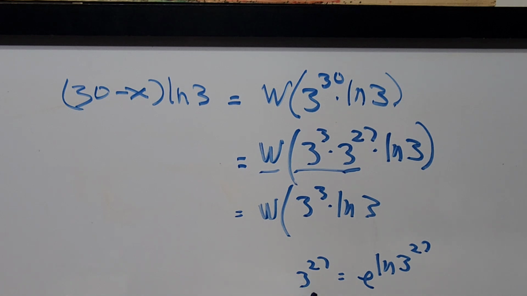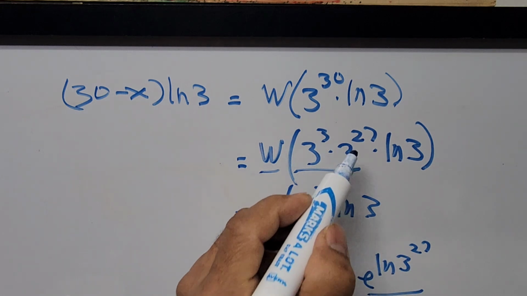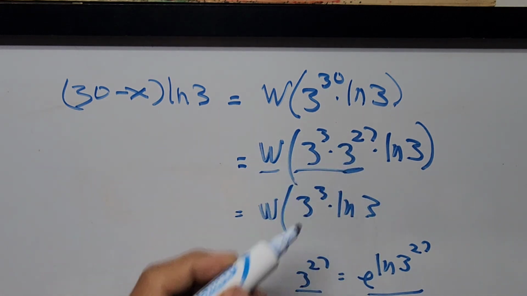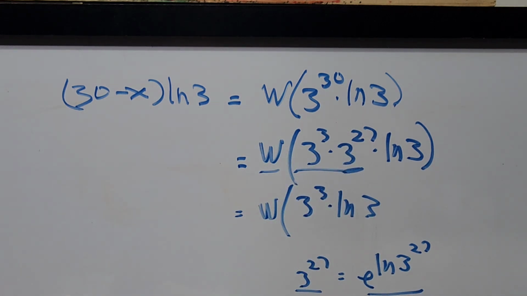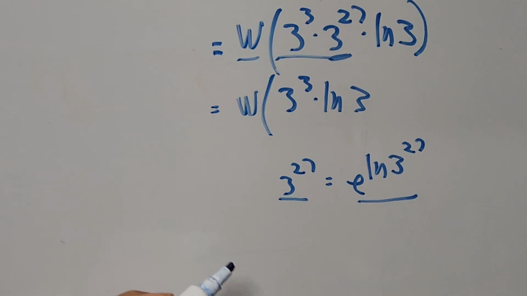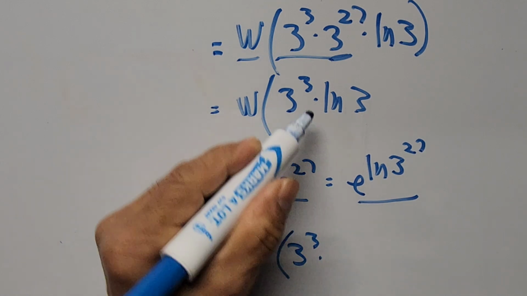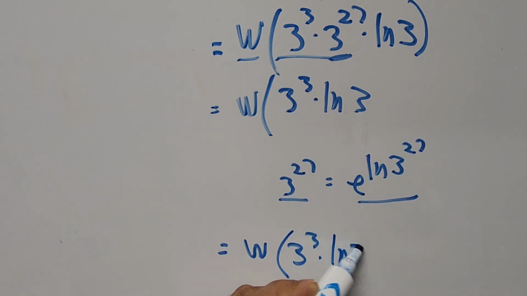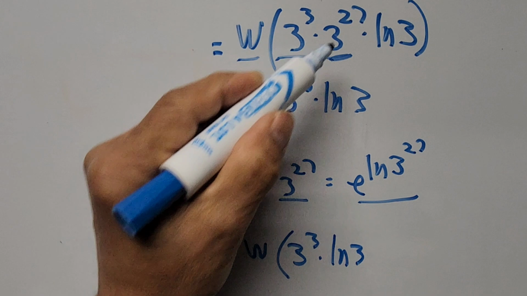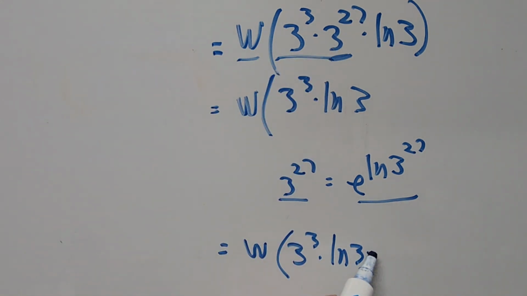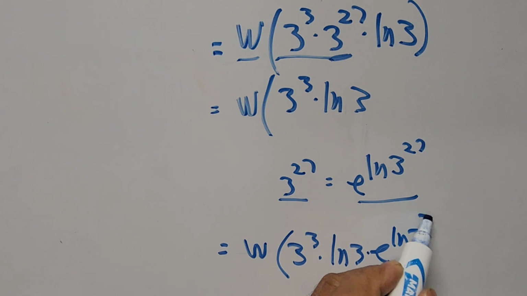So substituting e to the power of ln of 3 to the power of 27, representing 3 to the power of 27, the right-hand side is now equal to W sub 3 to the power of 3 times natural logarithm of 3, and 3 to the power of 27 is now e to the power of ln of 3 to the power of 27.